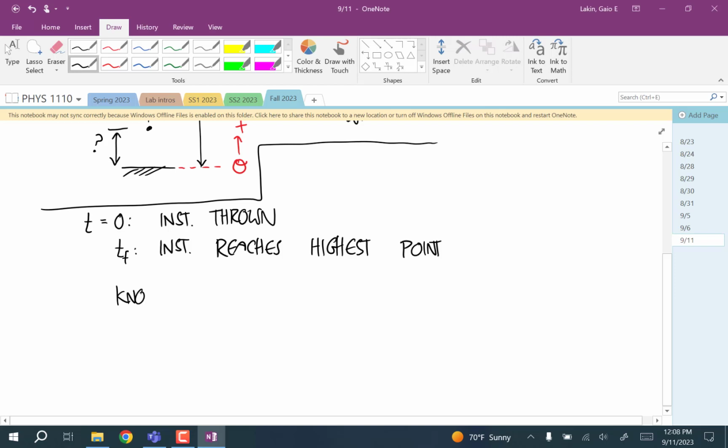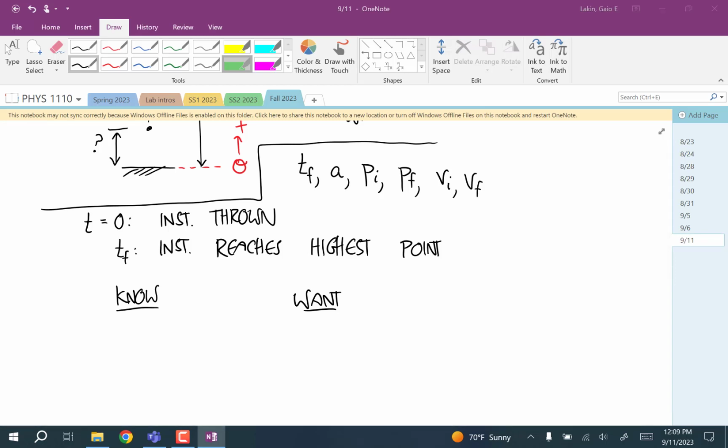Okay, so now we want to figure out what variables we know and want. So just go through the list. Remember, the list of all the possible variables is time final, acceleration, PI, PF, VI, and VF. So see if you can fill out this table of what we're trying to find and what we know.